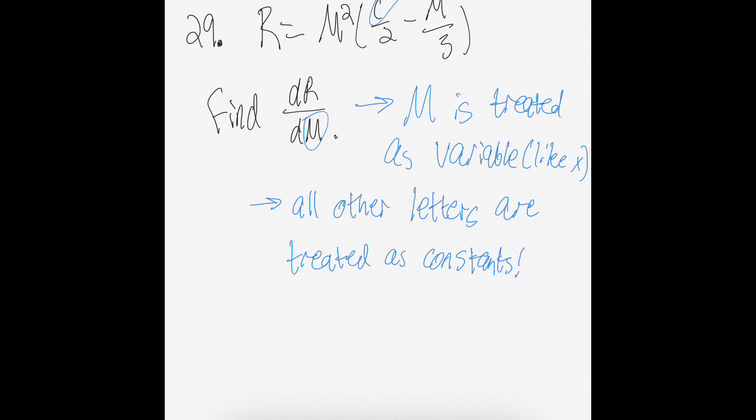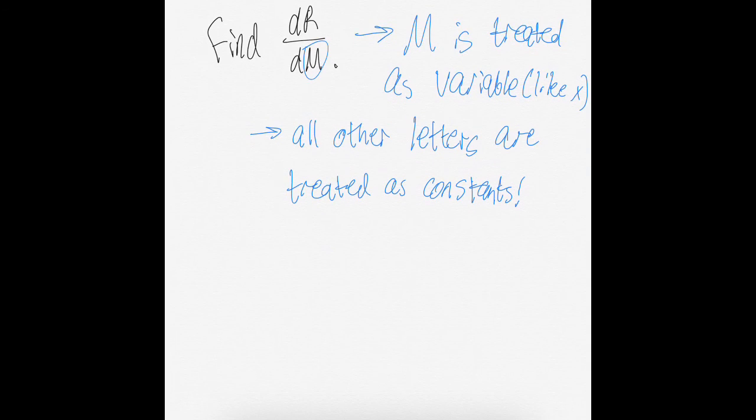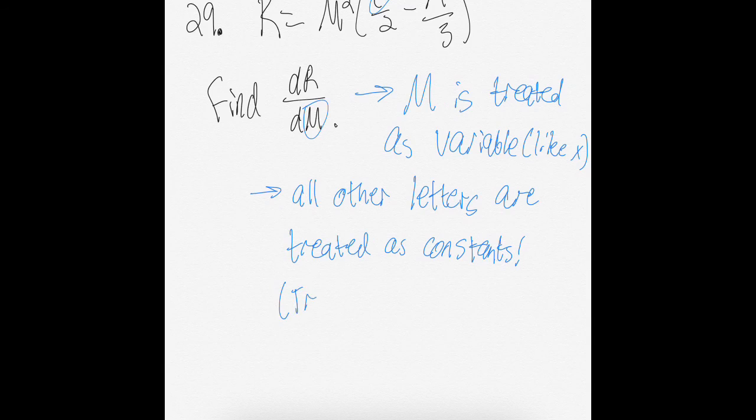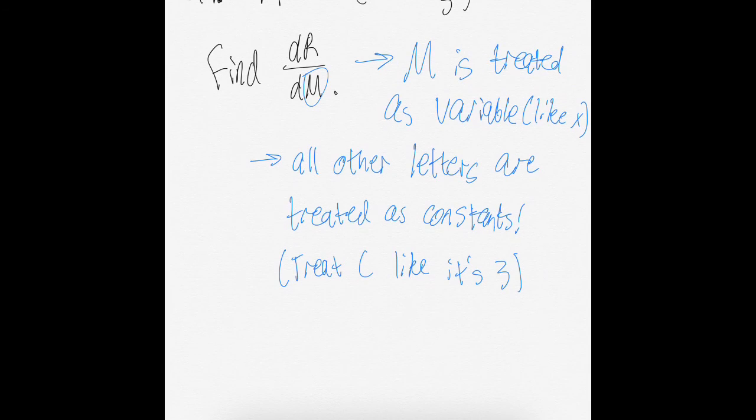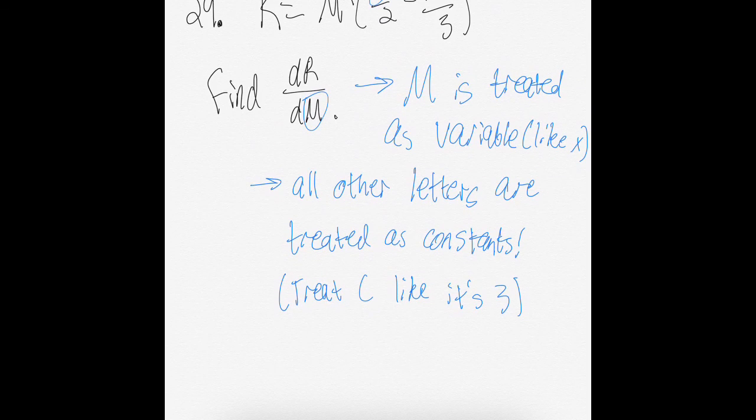But it looks like c is another variable here, because it's a letter, and letters are usually variables. But the fact that it says find dr dm tells us that we treat c like it's a number. So you're going to treat c like it's, I don't know, like it's 3, or 4, or whatever number you like. You're still going to write c, but whenever we're doing chain rule or product rule or things like that, we're just treating it as a constant.